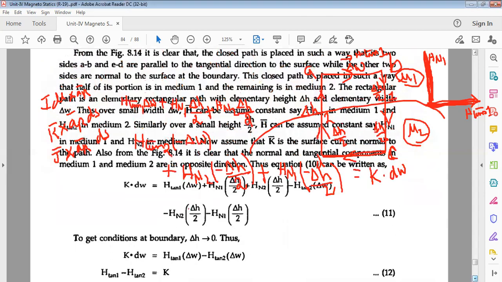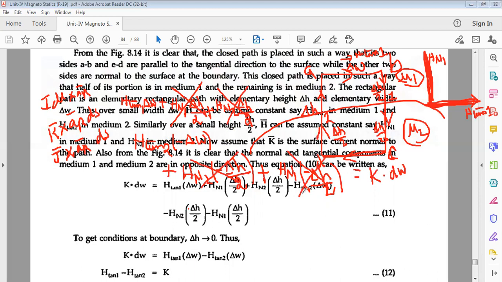And simplify here. To get the conditions at the boundary, delta H tends to 0, thus K dot d omega is equal to, delta H tends to 0 means all the delta H terms are 0. We have only the delta omega. The second integral is 0, third integral is 0, fifth integral is 0, and sixth integral is also 0.